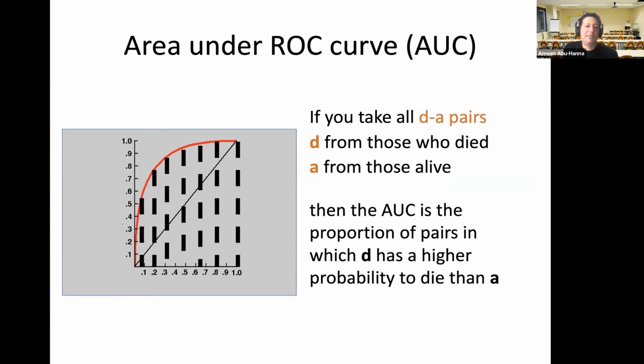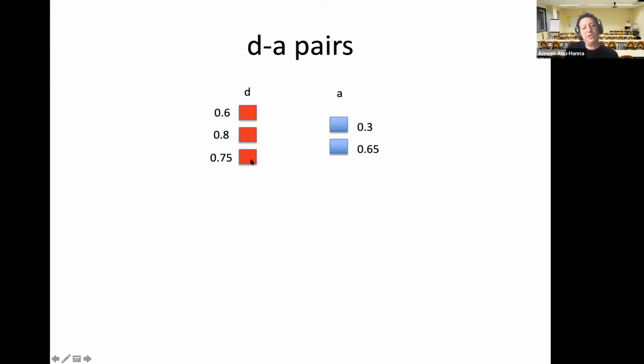How does this look? This is very easy. Suppose I have 3 patients who died and 2 patients who lived. Now, sorry for my metaphoric use of language, these are going to meet: everyone who died will meet everybody who lived. So this person can meet these 2.